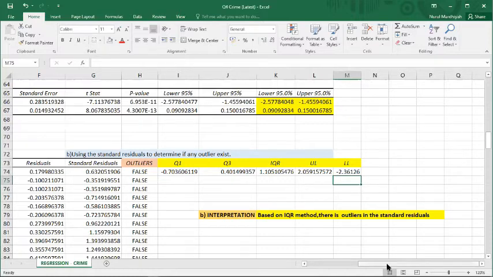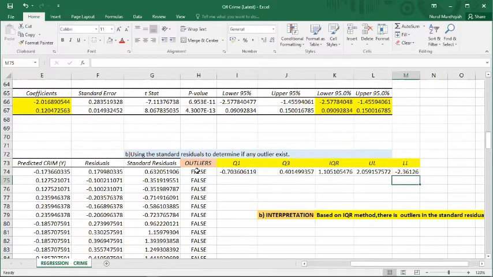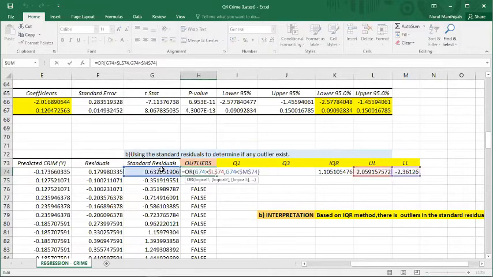After we get all these inputs, Q1, Q3, IQR, upper fence and lower fence, now we need to find the outlier. For outlier, I use a formula or function. I select the first data for standard residual. In the equal function, I type OR, in bracket the first data for standard residual greater than the upper fence, then comma, select again the first data standard residual, then less than the lower fence.